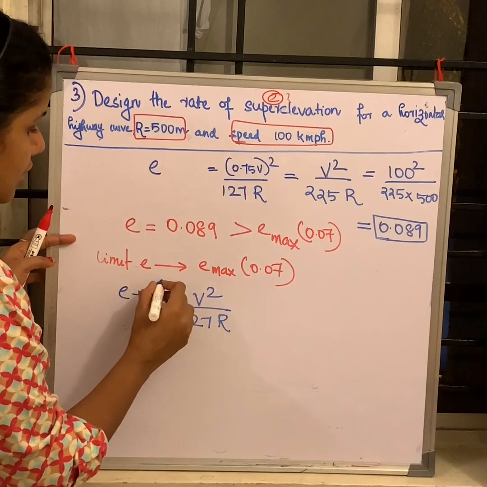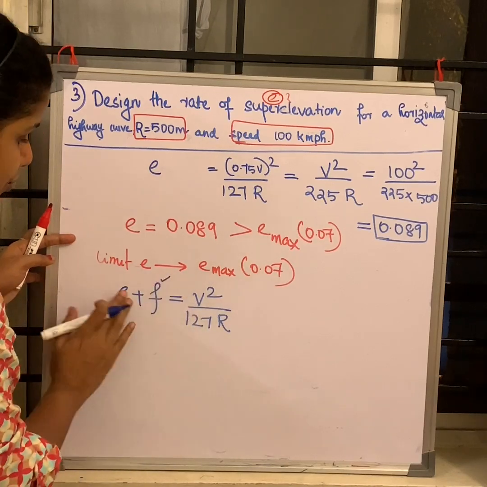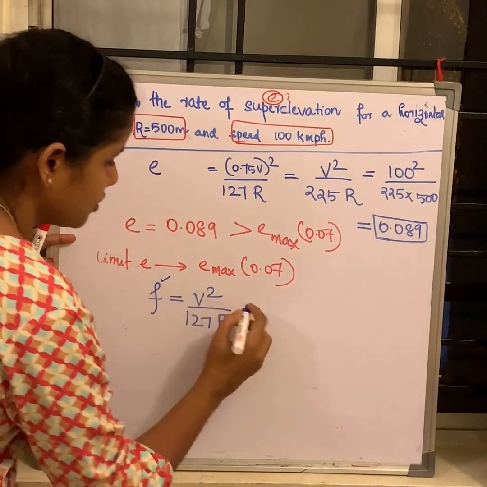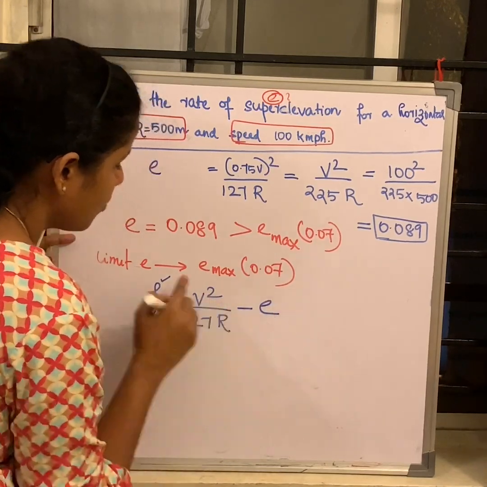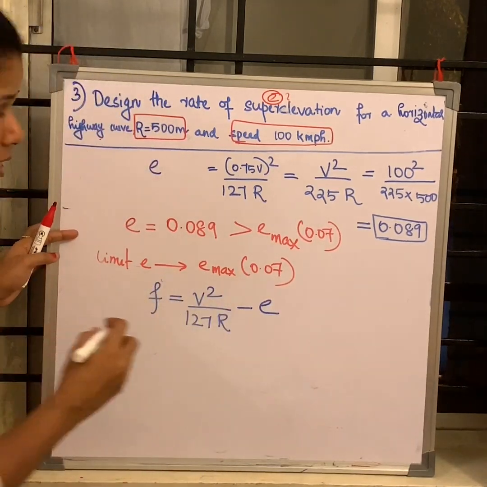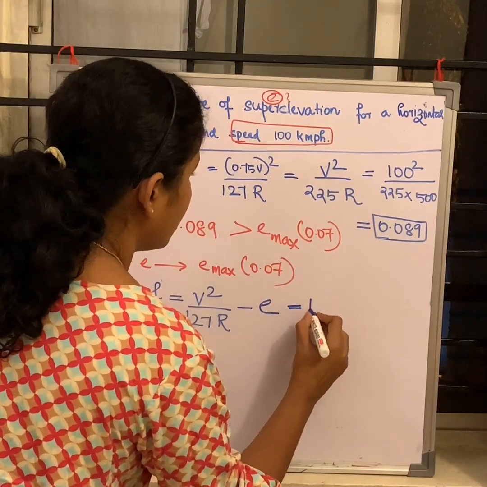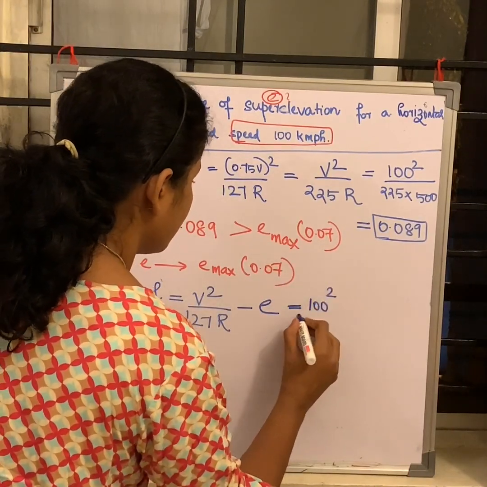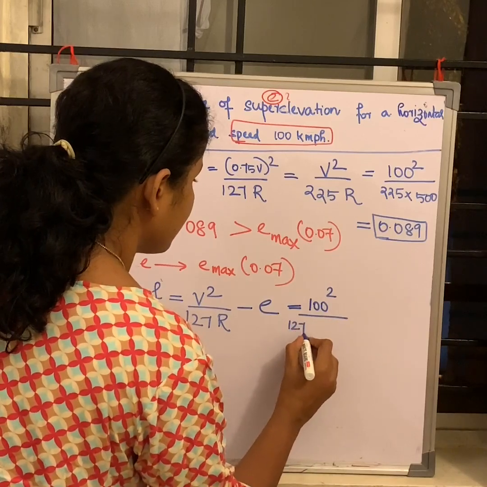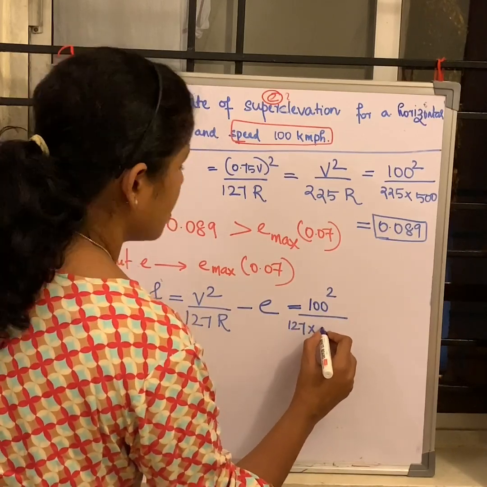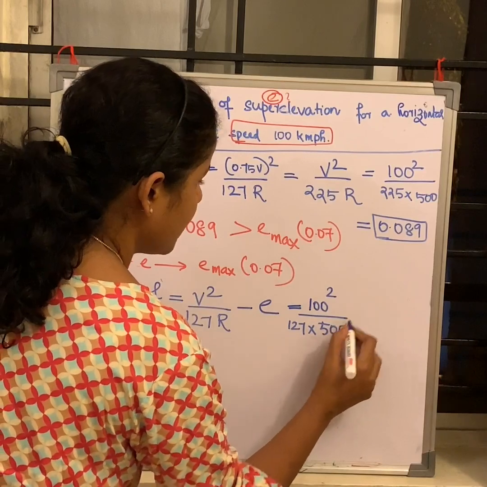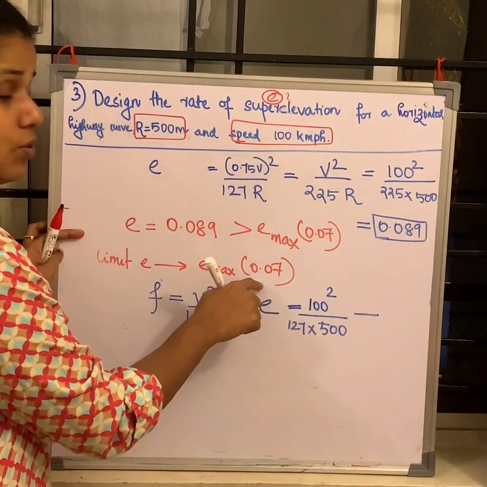So here what are you going to calculate? F. So we can write F is equal to V² by 127R minus E.